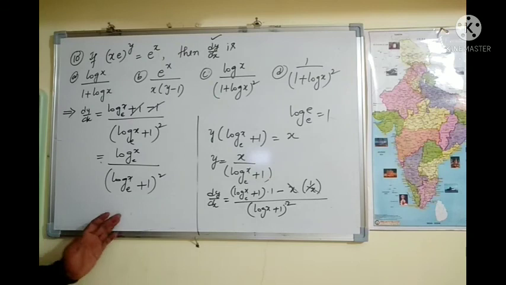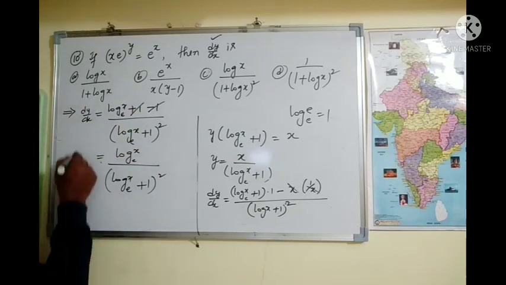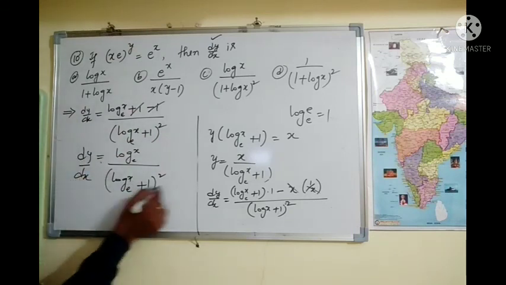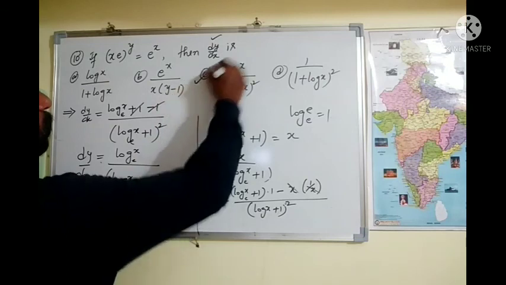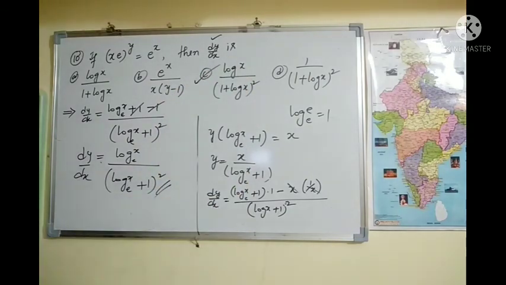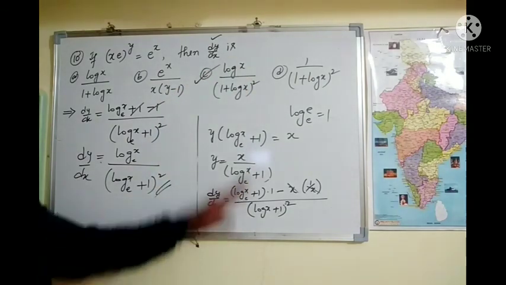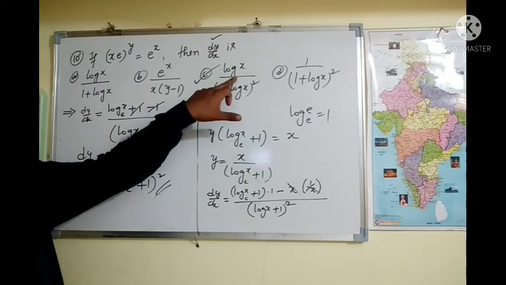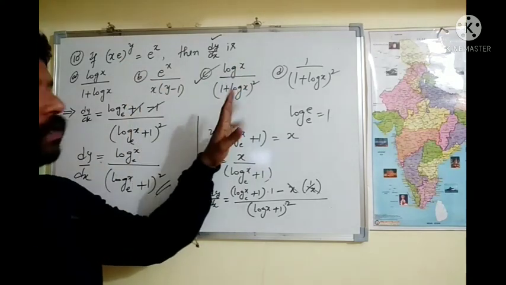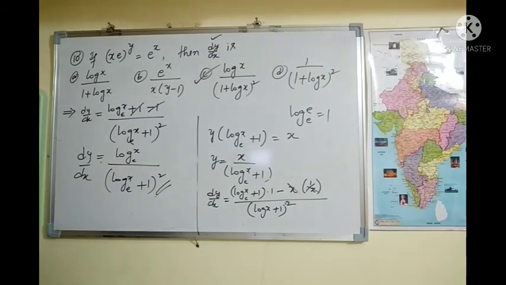Without base also, base e is understood. See, here we have option C, dy by dx is equal to log x divided by (1 plus log x) whole square. Without base means base e is understood. This is the correct option.